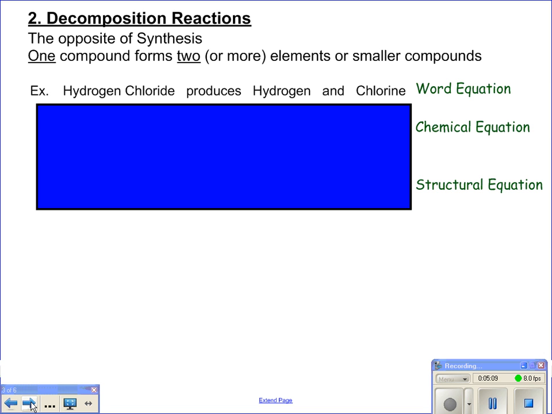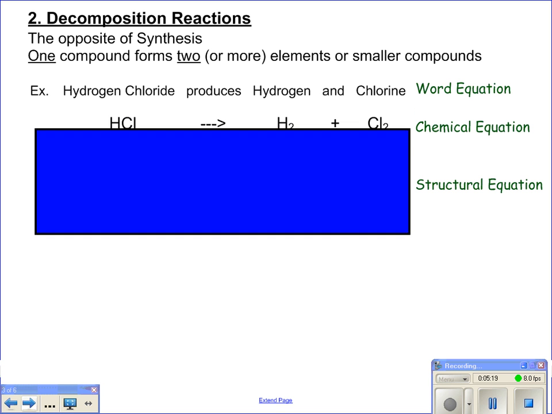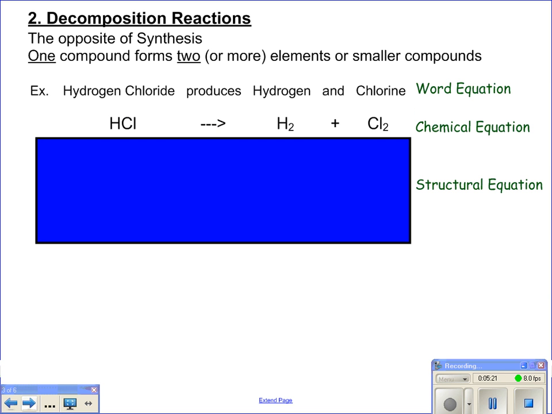We have hydrogen chloride produces hydrogen and chlorine as our word equation. And we can translate that into a chemical equation. Hydrogen chloride would just be H and Cl right there. And hydrogen and chlorine are two of the Hofbrinkel, or the group of 7 elements in the periodic table that must always be written as diatomics.